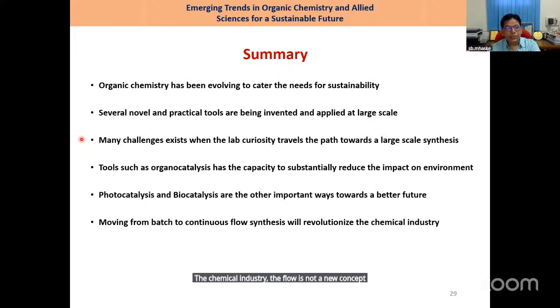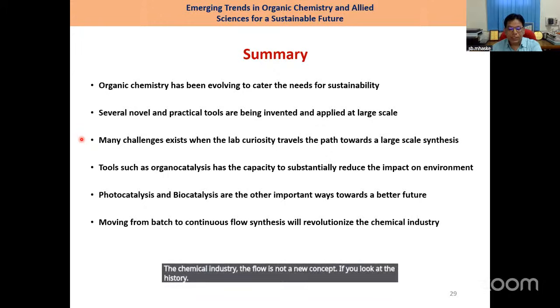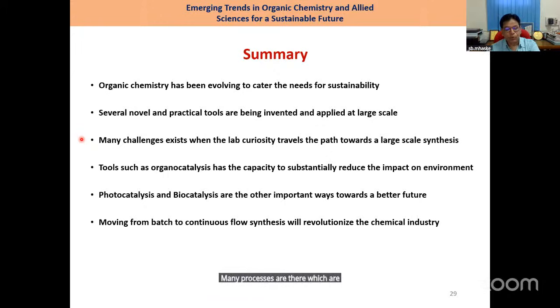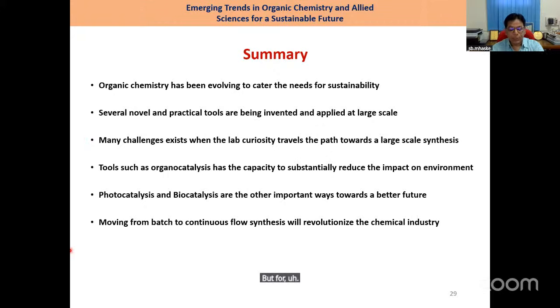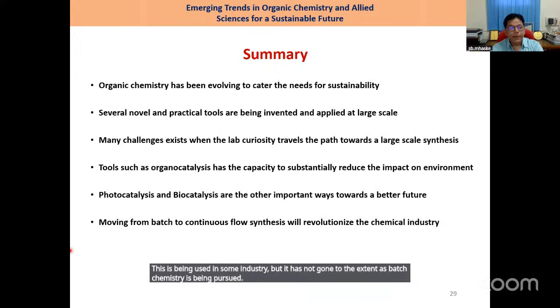If you look at the history, many processes have been done in flow, but mostly for simple or fine chemicals. For production of APIs or KSMs, it is being used in some industry, but it has not gone to the extent that batch chemistry is pursued.